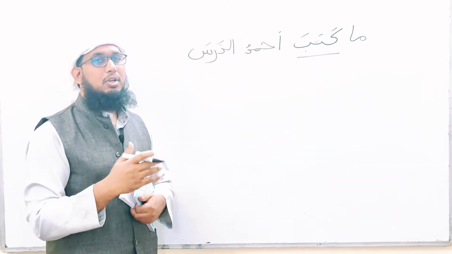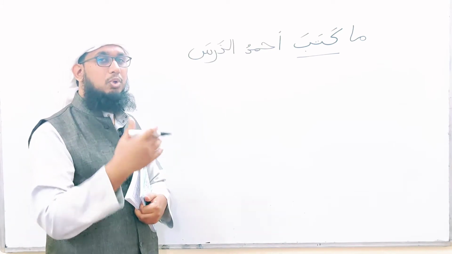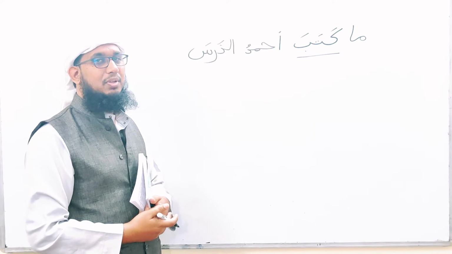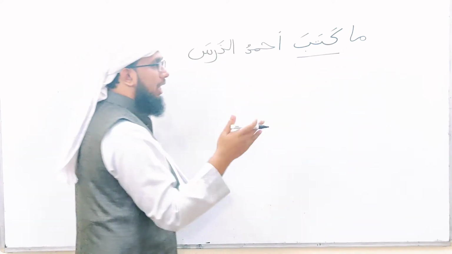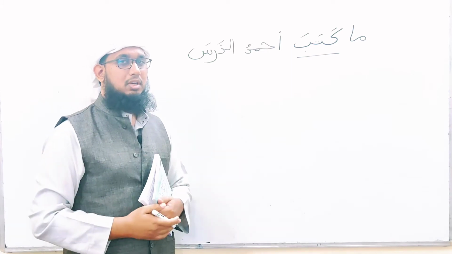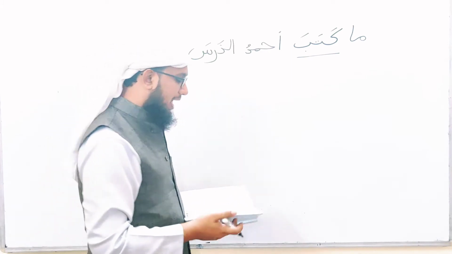Now we are studying fi'l mudari'. So how do we make fi'l mudari' negative? We did the manfi of madi. Now we have to do the manfi of mudari'. See the exercise. Yaktubu Ahmad ad-darsa.